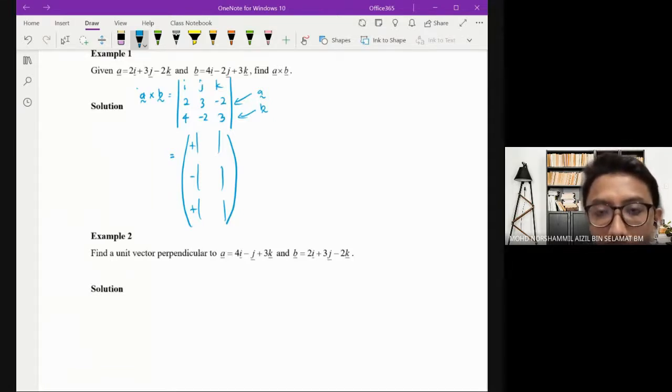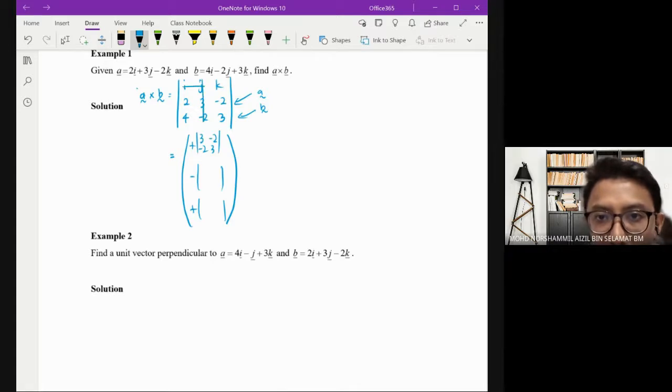So how do we get the first, the upper determinant? Kita akan buang yang ni. So leave us with 3, minus 2, minus 2, 3. Is that okay guys? Okay. So proceed with the next one.